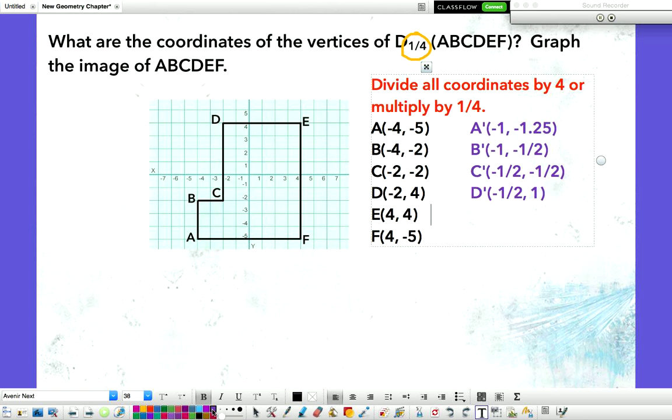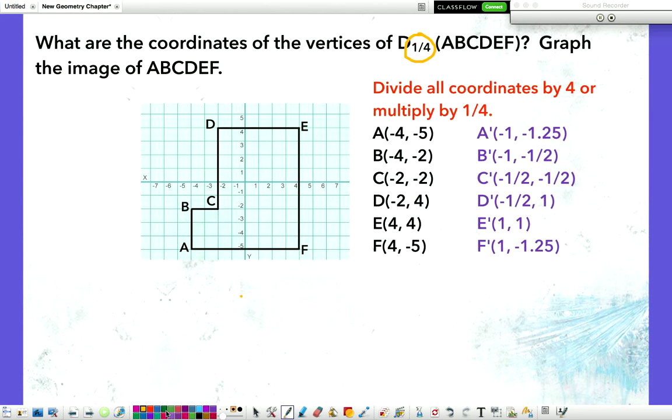Now this is going to be really small, so I don't want you to freak out when you start putting the dots on it and it's really strange. Okay, 1, 1. -1.25. All right, so let me get a little dot here.